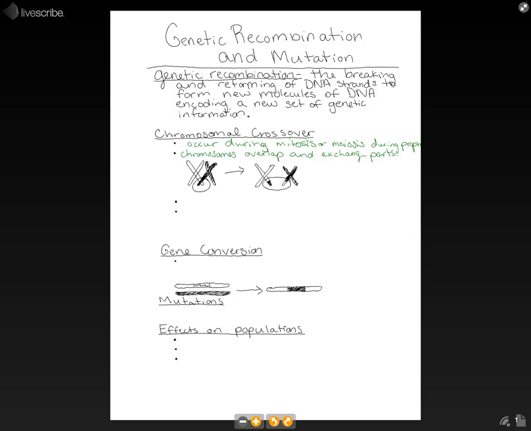So you can see when we have a final result, you can see how they're exchanged. So it changes what traits are next to each other.